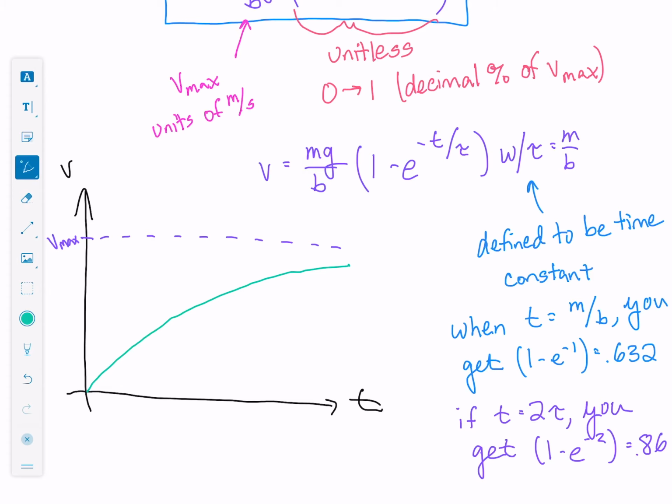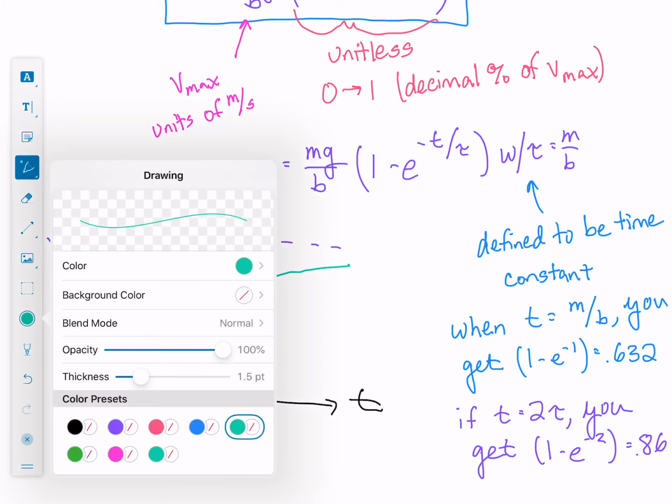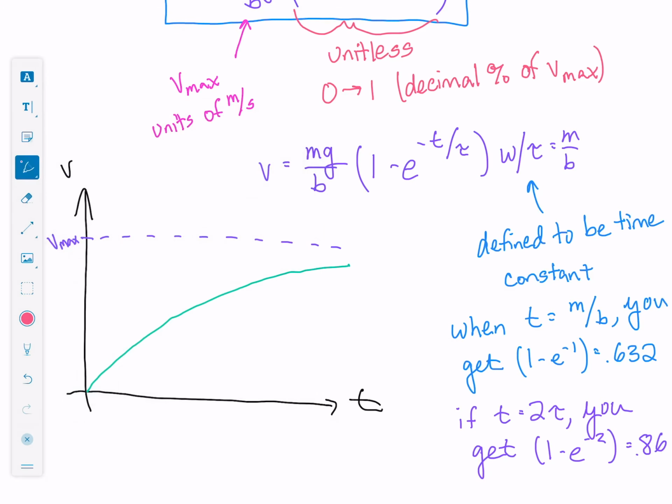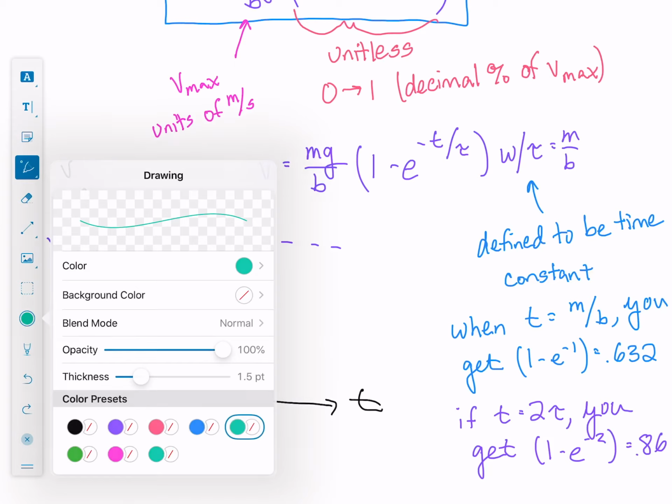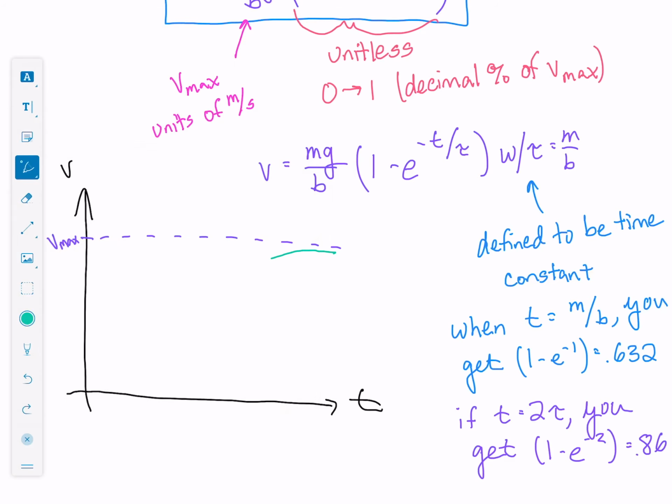And if we wanted to just put some points in, this is when t was equal to tau, but again, it's just some number. We were at 63%. That is very not drawn to scale. Let's fix all of this. Let's redraw my curve. Try again. That looks a little better.